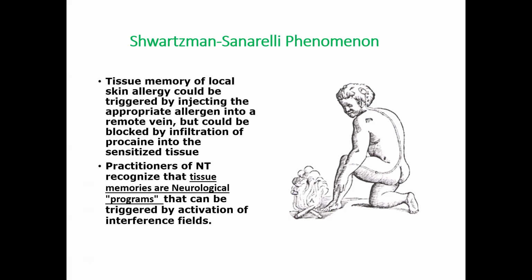Next time, if you have the same injury, it will be highly exaggerated. So injecting local anesthetics will block this phenomenon, and thus, it blocks the pain in this area. So basically, neurotherapists recognize that tissue memories are neurological programs that can be triggered by activation of interference fields.